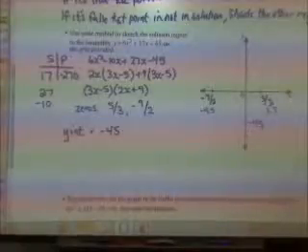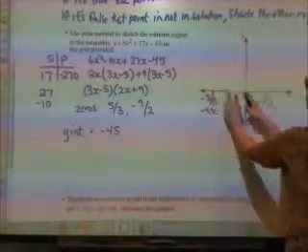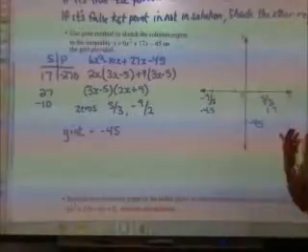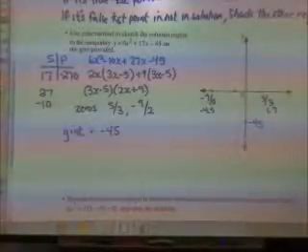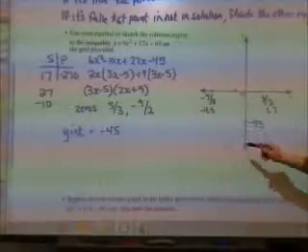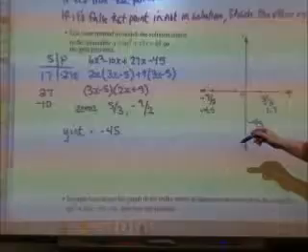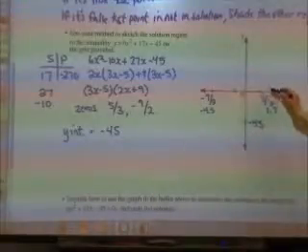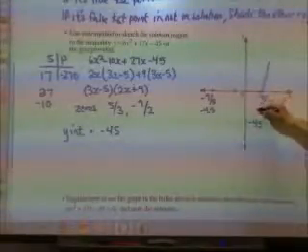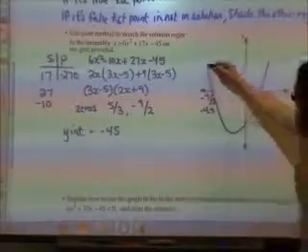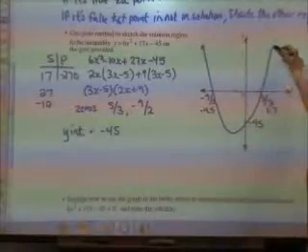So the vertex is going to be halfway between these two. So when I go to draw this, negative 45 is not my low point. It's going to go through negative 45, come down past that, and then go back up.